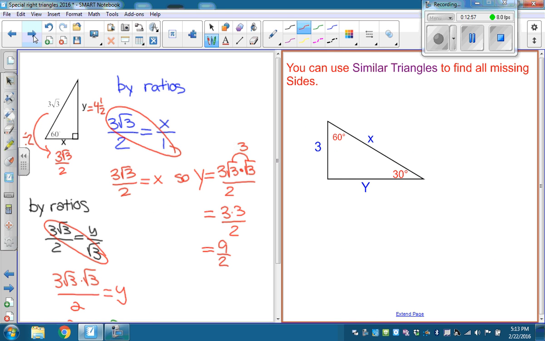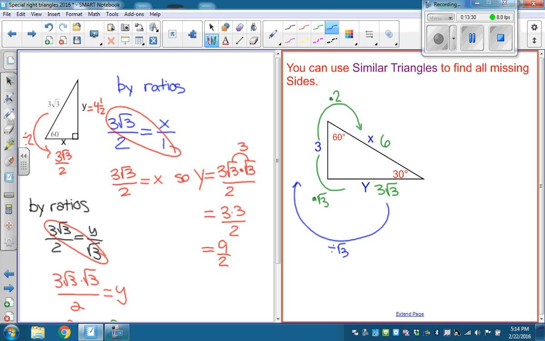So, let's kind of summarize the shortcut. In a 30, 60, 90, if you have the short side, just double, and you'll get the hypotenuse. And multiply by the square root of 3, and you'll get the long leg. To go backwards, you would do division to go from the long leg to the short leg.